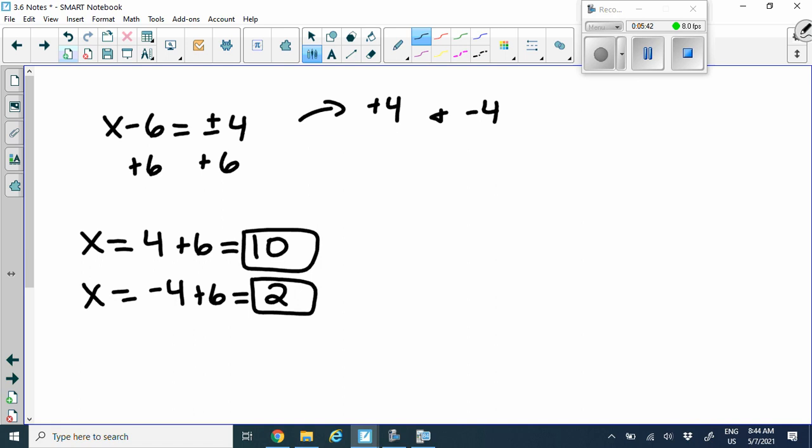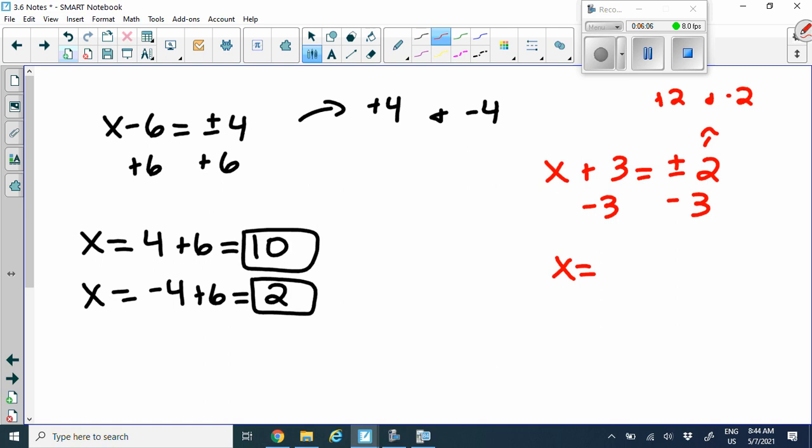So if we had it where it was a little bit different, let's do x plus 3 equals plus or minus 2, okay? If we had this, I would subtract 3, but I would not have plus minus negative 1. No, no, no, no. What this is really saying is, because remember, this is a positive 2 and a negative 2, I will have 2 minus 3.